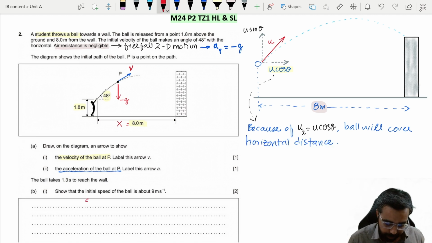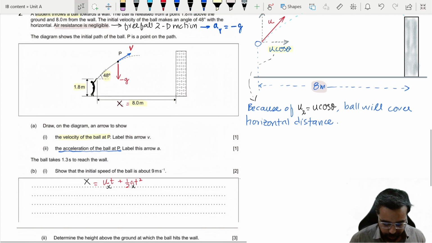So even if you apply the SUVAT equation, s equals ut plus half at squared, now we will use the x component of motion. So I can replace s with this x, and this is ux, and this is acceleration due to the x component of motion.